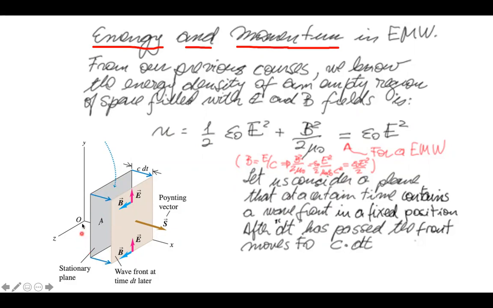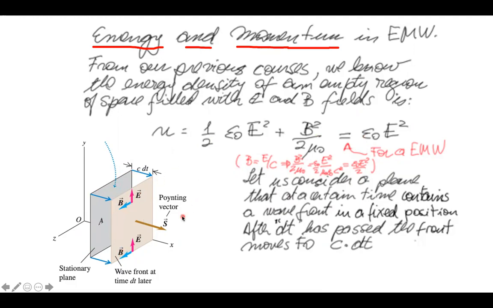the total energy of this volume here is simply, what is that? It's the volume, which is c dt times the area A, multiplied by the energy density, which is exactly this amount. So that will be the total energy in this volume.